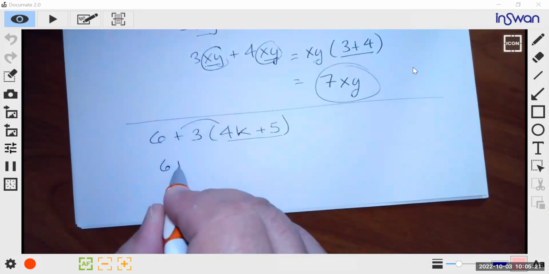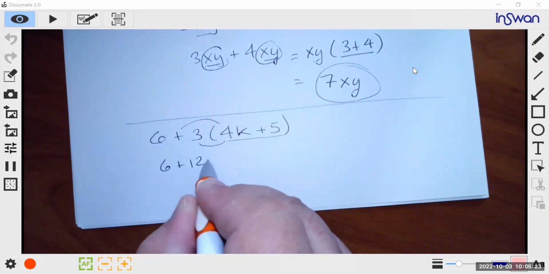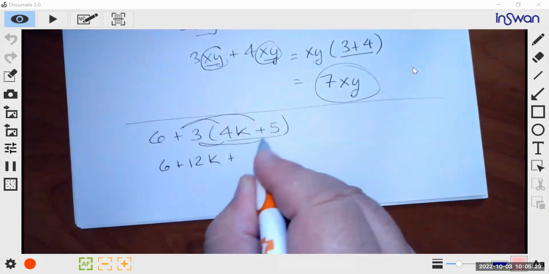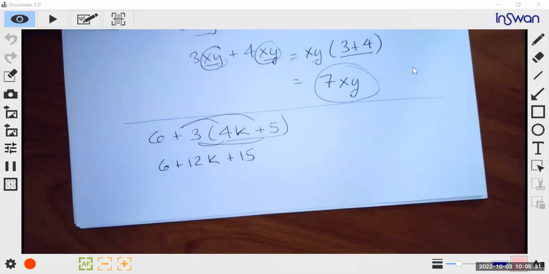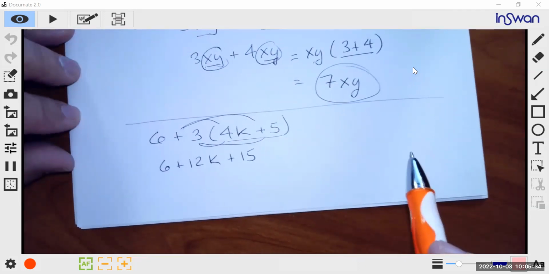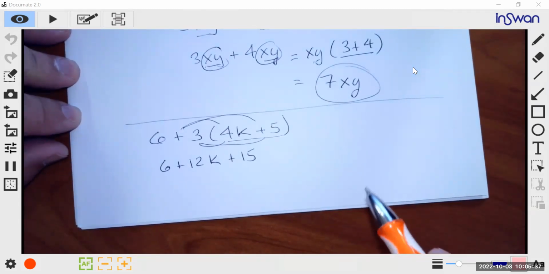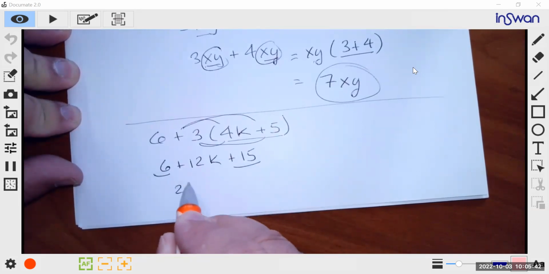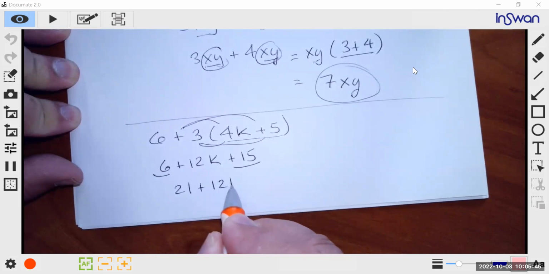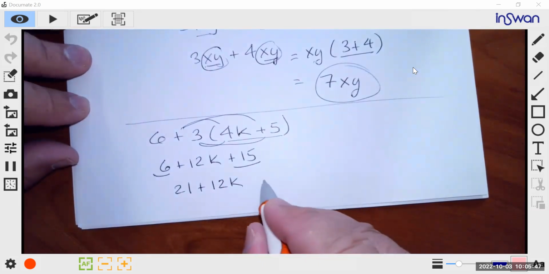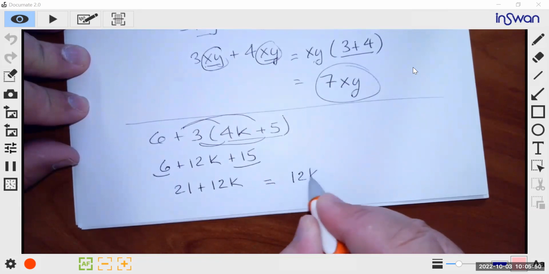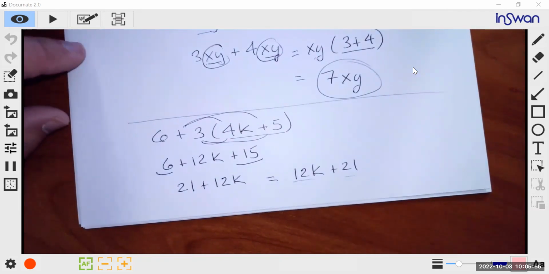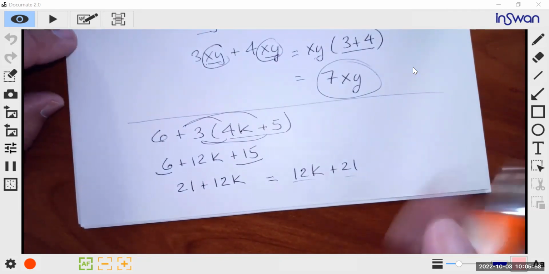Positive times positive is positive. 3 times 4 is 12. Positive times positive is positive. 3 times 5 is 15. Once you get rid of parentheses, always combine like terms. 6 plus 15 is 21 plus 12k. We'd put our answer like this, 12k plus 21. Always put the variables to the left and the constant numbers to the right.